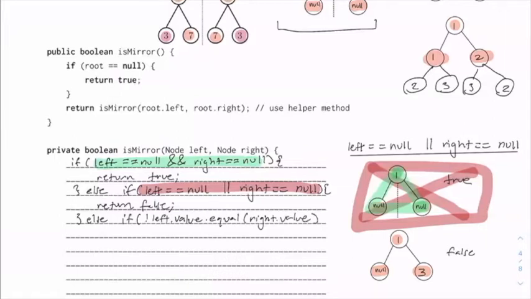So we've compared the value of the left node with the value of the right node. And in this case, we're also checking that the values are not equal. So since the values of the left and the right nodes are different, we are going to return false.